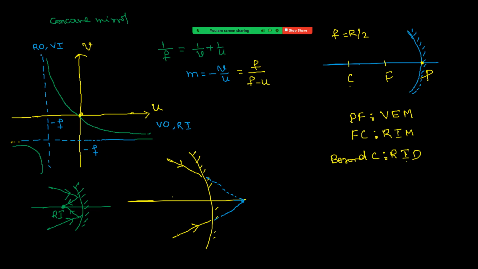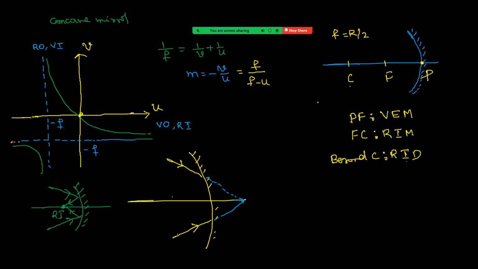Here no graph. This is a graph corresponding to between pole and focus. This is the pole, right? And this is the focus. In that region, P and F, this is the graph. And this graph is beyond F. So between pole and focus: virtual, erect, magnified.